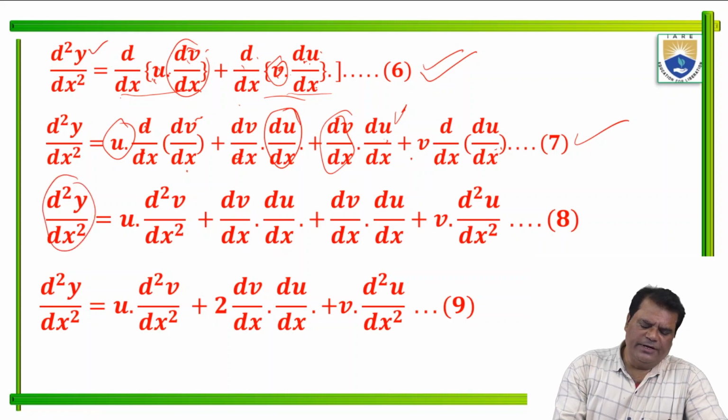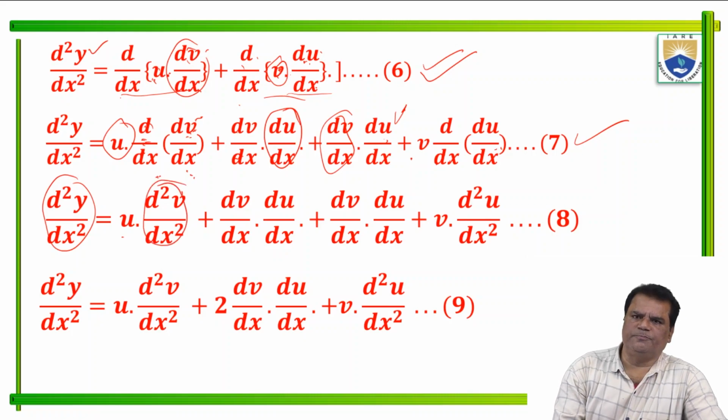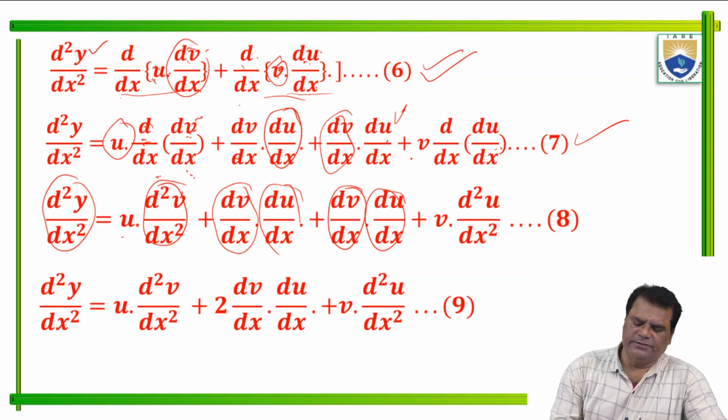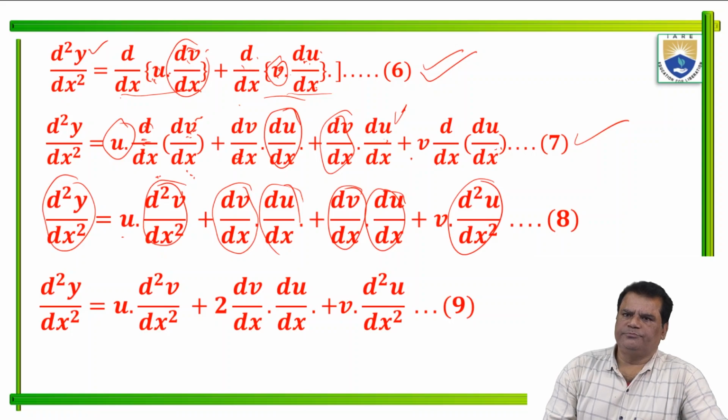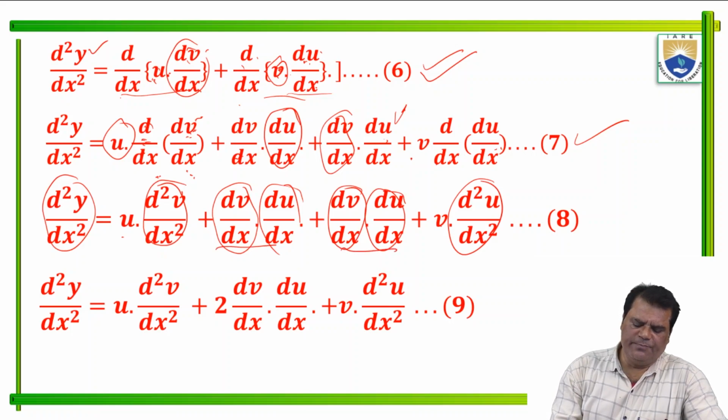Now d2y/dx2 equals u into d2v/dx2, then dv/dx into du/dx plus dv/dx into du/dx plus v d2u/dx2. This is equation 8.